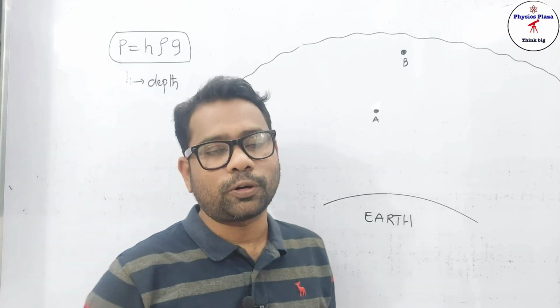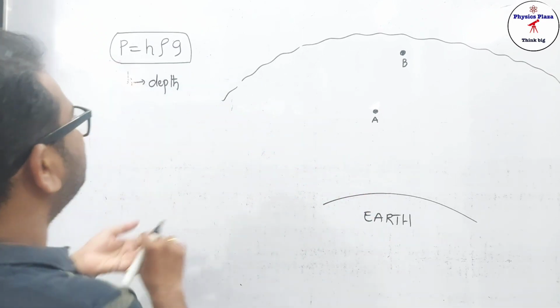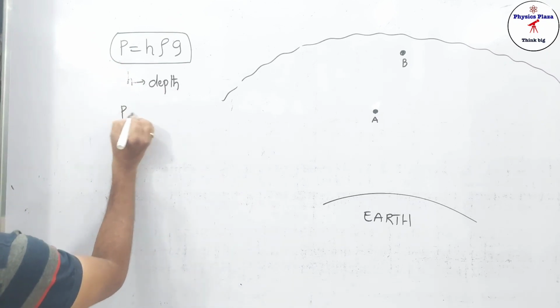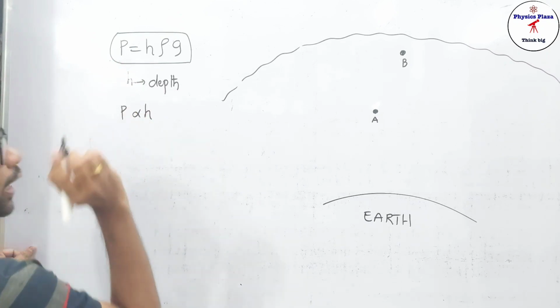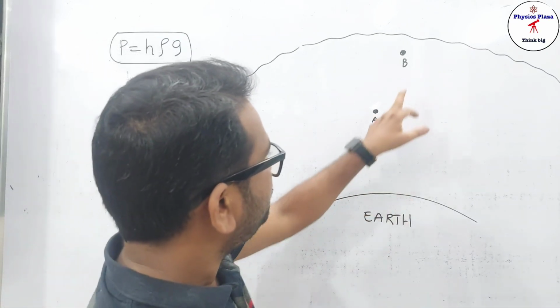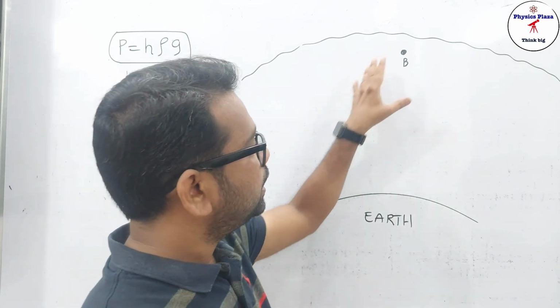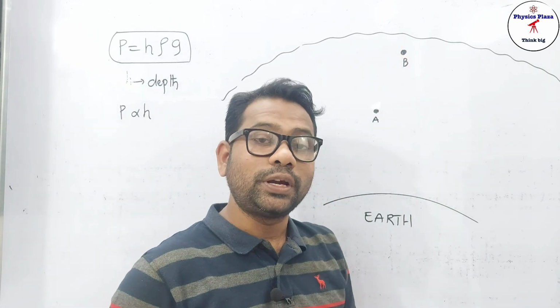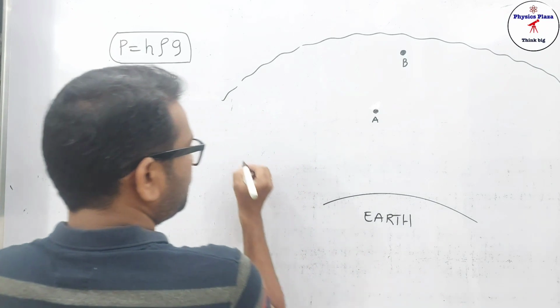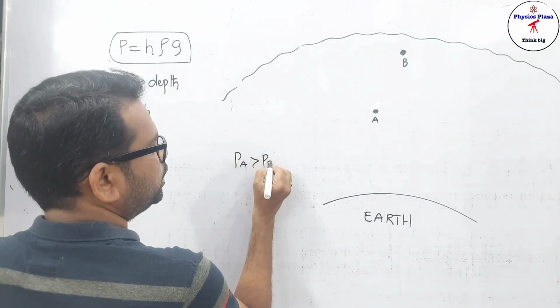Generally many students will think that pressure is proportional to H, and that point B's height is more than point A, so obviously pressure will be more at point B. No, it is wrong, children. Pressure at point A is greater than the pressure at point B.